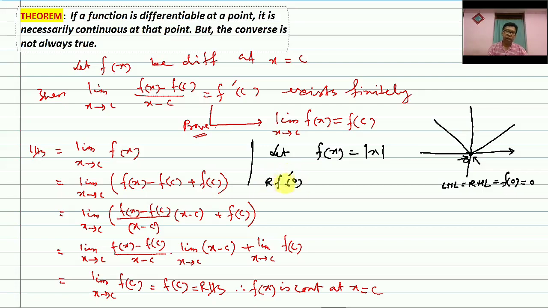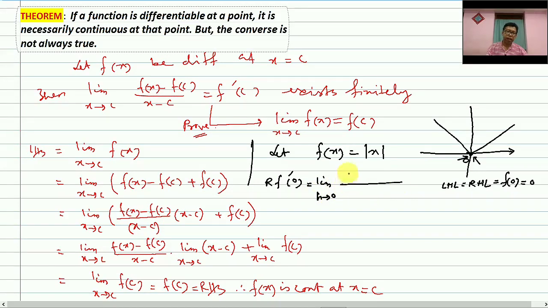That means the right hand derivative at x = 0 is equal to the limit as h tends to 0, not x tends to 0. What is the definition? f(0 + h) minus f(0) upon h. This is the definition I used here.